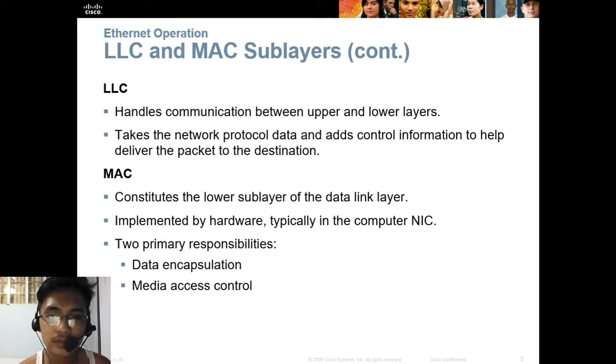So the LLC is used for adding the control information and delivering the packet to the destination. It takes the network protocol data to do that. The MAC is implemented by the hardware, mainly the computer network interface card, and it has the responsibilities of data encapsulation and media access control.